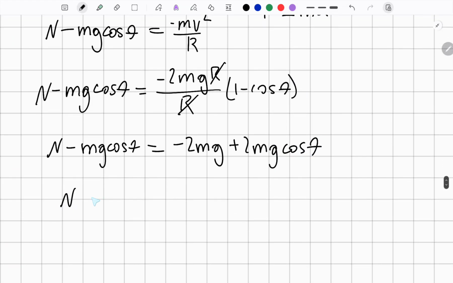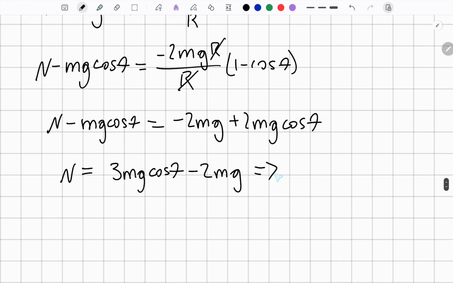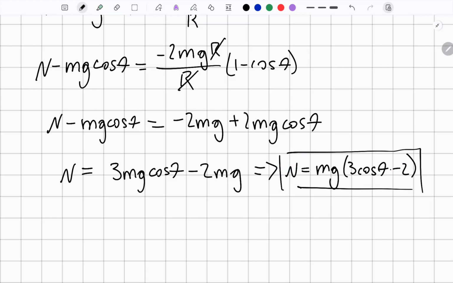So our normal force is equal to 3 mg cosine theta minus 2 mg. And we can factor this out to say that our normal force is equal to mg times 3 cosine theta minus 2. So that's our normal force.